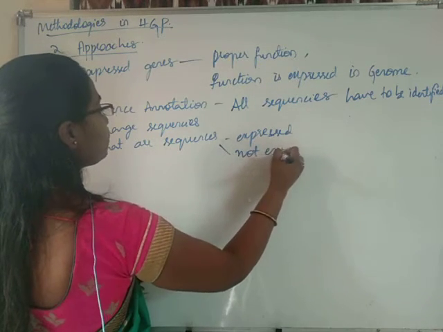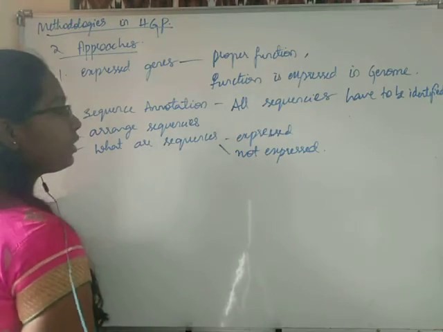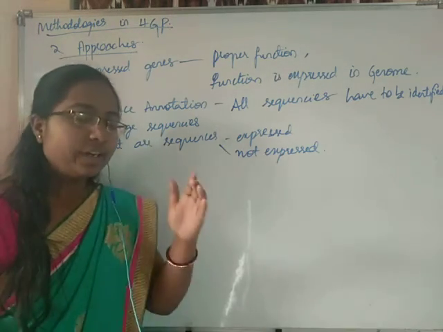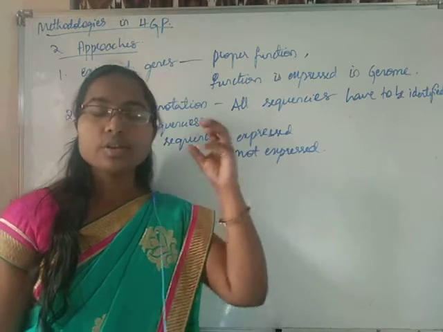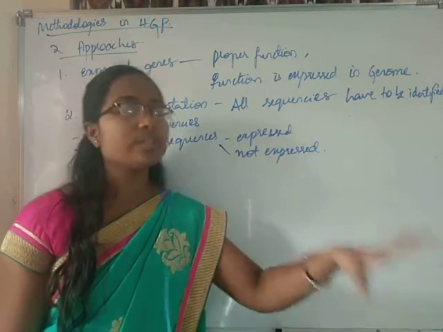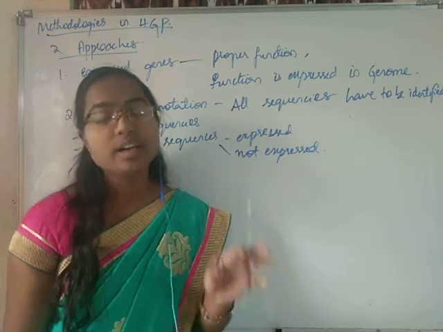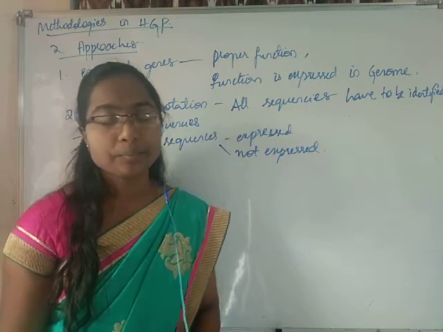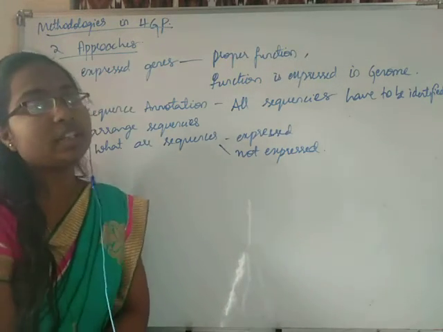Sequence annotation means that only. We have to identify all the sequences first, then see which sequences are expressed and which are not. That was one more approach of Human Genome Project. So, these were the main approaches.